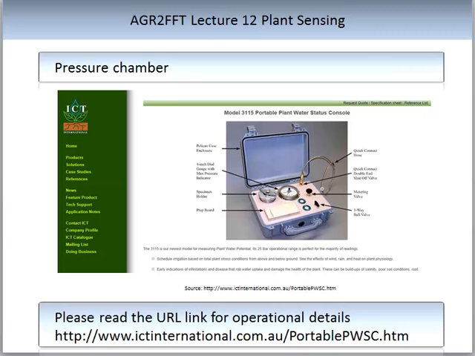The more pressure required, the more force required to push out the sap, therefore the less water. The dial in the middle towards the back of the sensor is the data collection. It represents bars, and this is shown in minus. There is then a conversion between minus bars to megapascals or kilopascals, depending on what unit you require.